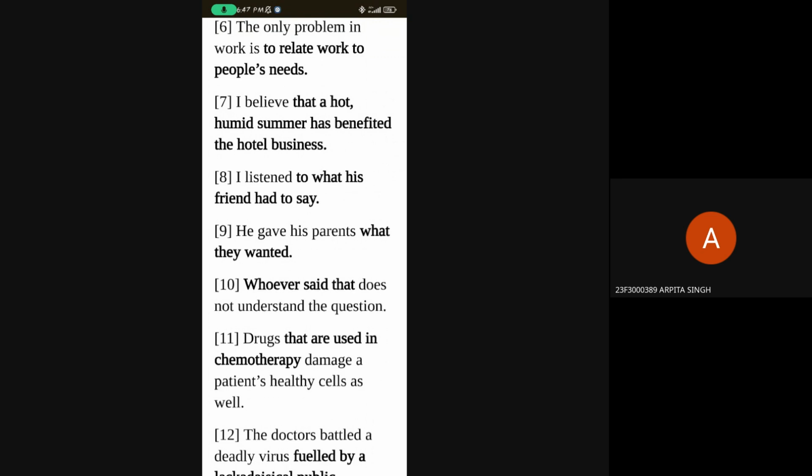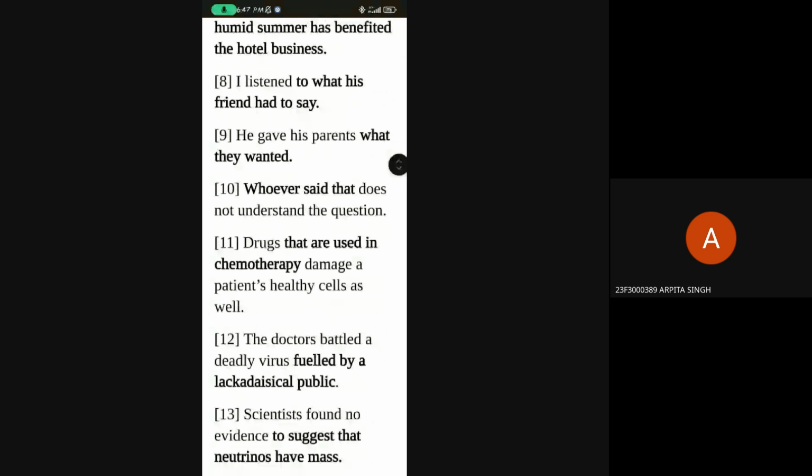Eighth one: I listened to what his friend had to say. The part from "to what" is marked; you can avoid that one and then take the rest of it. I'd use this to teach the embedded clause also for the last batch.